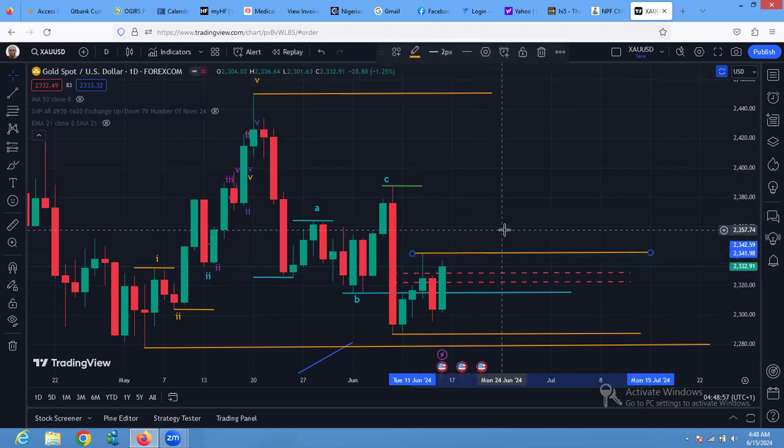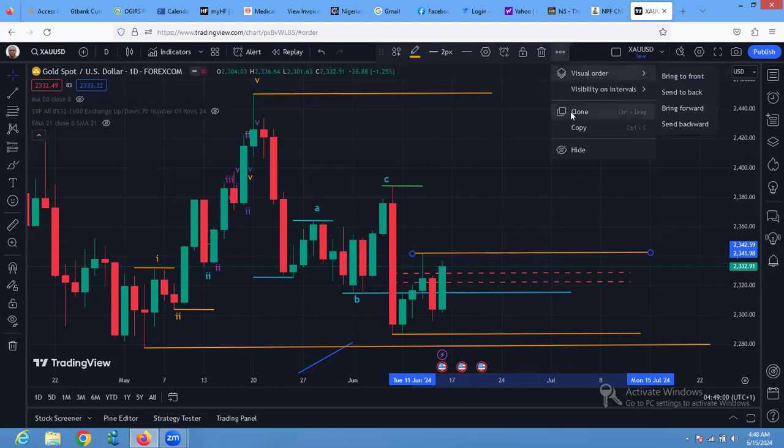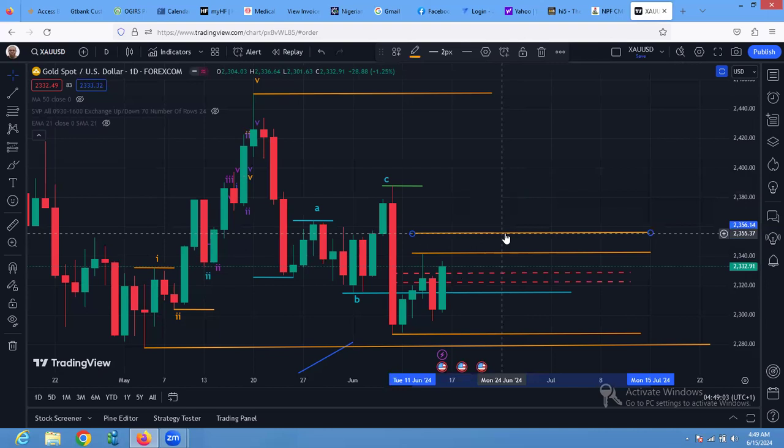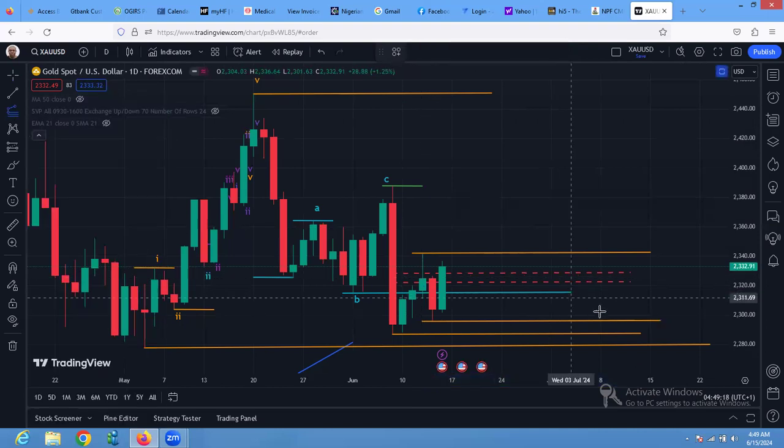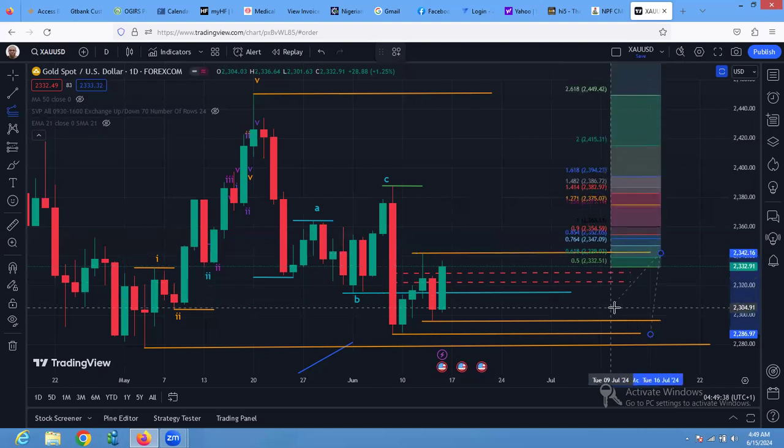So with this also, if you take the highest point of B as an A, and we take this as a B point, and if you want to extend this for us to come down again, in case we think we want to come down, we want to look at those levels that price may tell us that it's not coming back down.